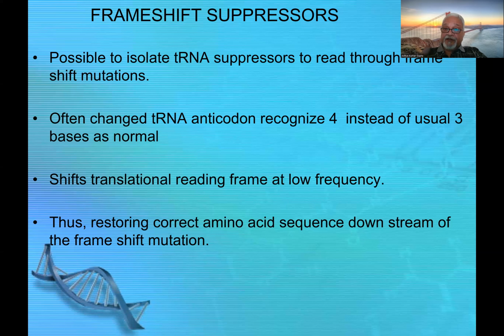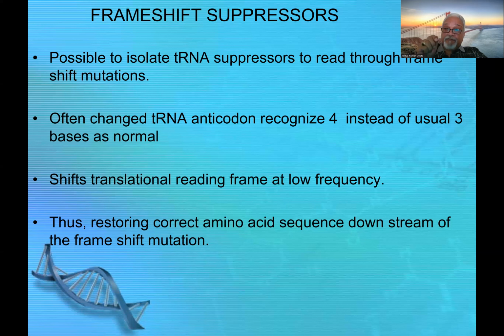But then what happens in the suppression of the original mutation of this kind? Because of a mutation in tRNA, it has an anticodon of 4 instead of 3. So it reads a 4-nucleotide sequence as a codon, and then it is correctly identified.